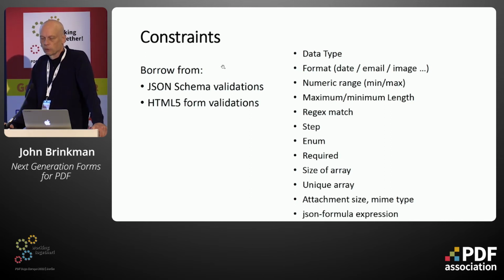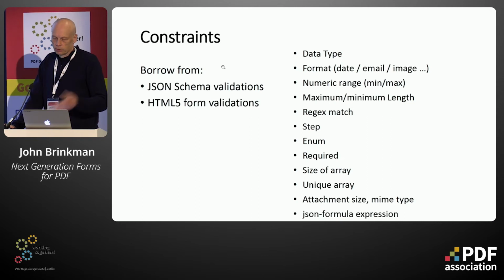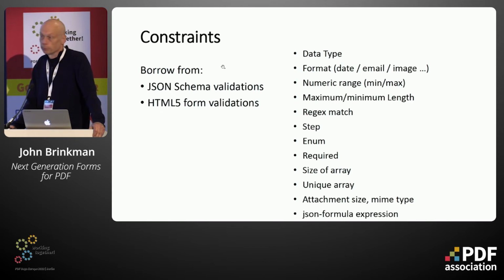And then you can see there's the list of all the ones that we are looking at. A couple of pretty open-ended ones still: a regex expression to validate a field. And the last one, if all else fails, you can still craft a JSON formula expression to return a Boolean to say whether the value is good or not.